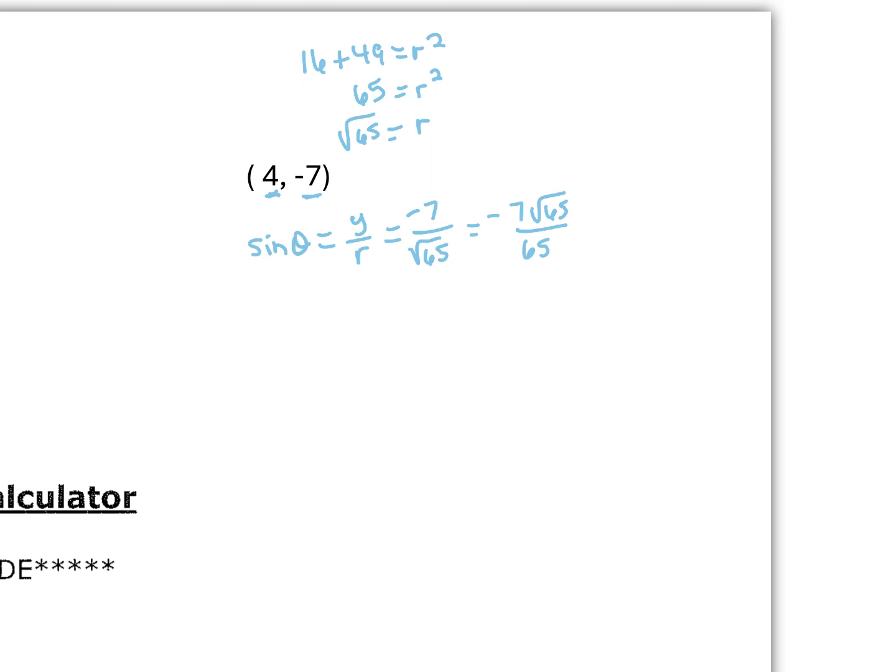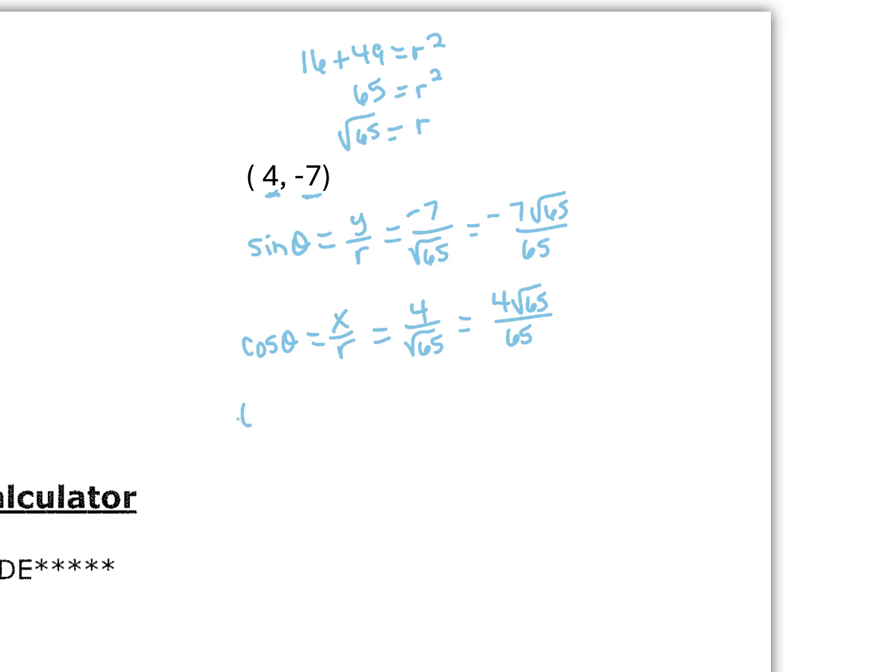Okay, that was sine. For cosine, Max, what's the ratio? It's x over r. X over r, good. So that means we have 4 over root 65. When we rationalize that, we get 4 root 65 over 65.